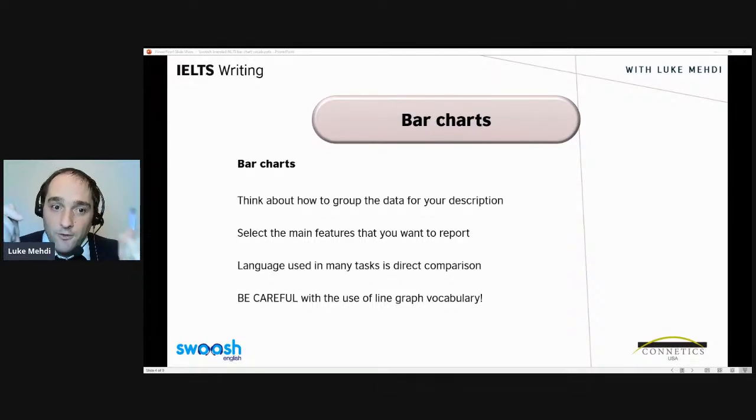So significantly, talking about the size of the change, yes. Quickly or slowly or gradually, all of these words showing speed or rate of change, be really, really careful. Sometimes you can use it, often you can't. So think very carefully about the time differences along that x-axis.